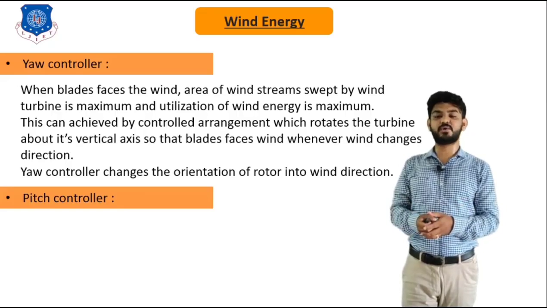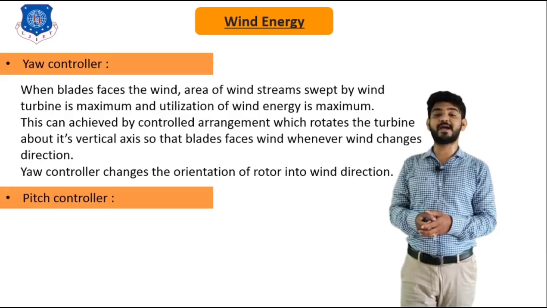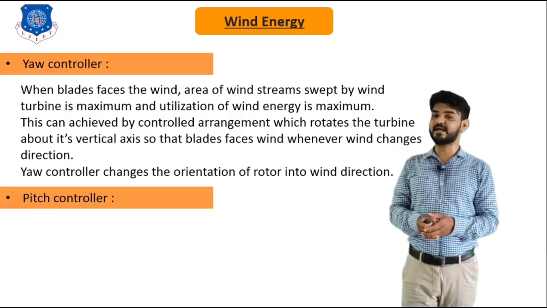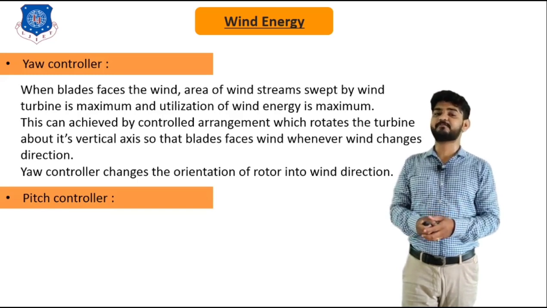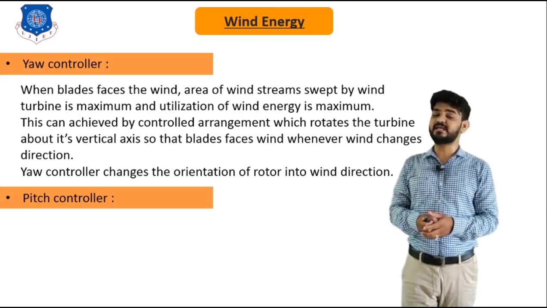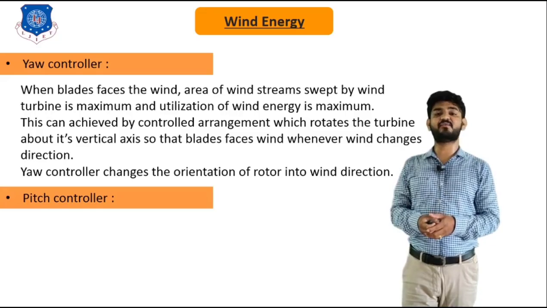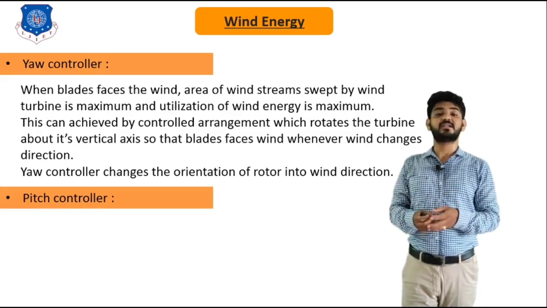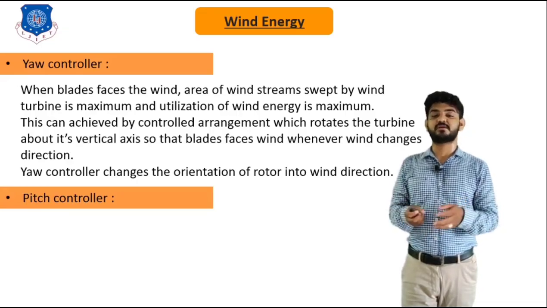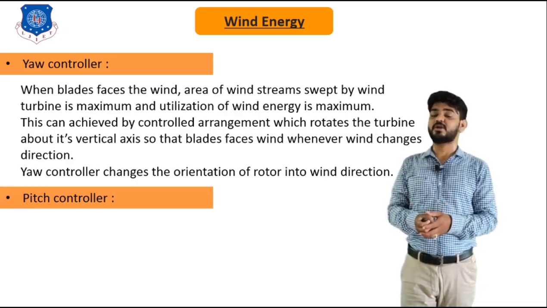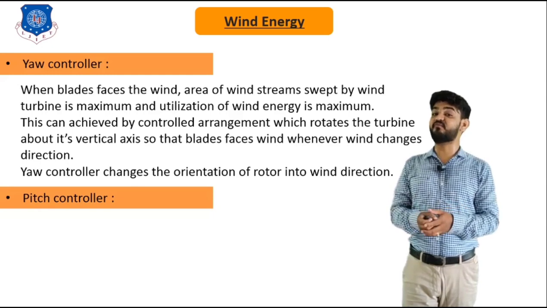This can be achieved by a controlled arrangement which rotates the turbine about its vertical axis, or yaw, so that the blade always faces the wind. As the wind changes its direction, this yaw controller changes the turbine face. Hence, the turbine always faces the wind.